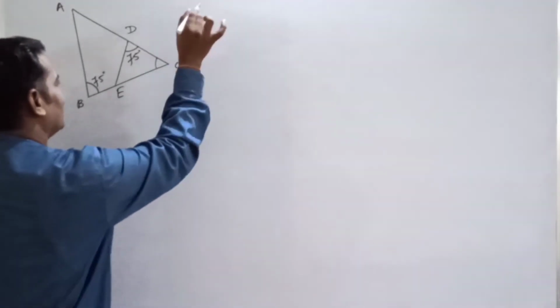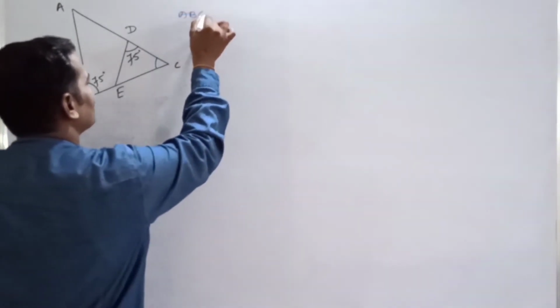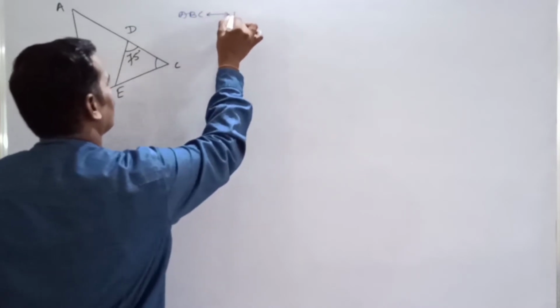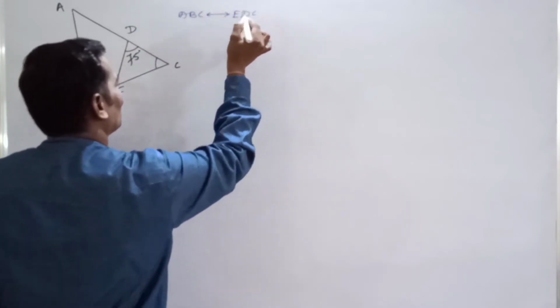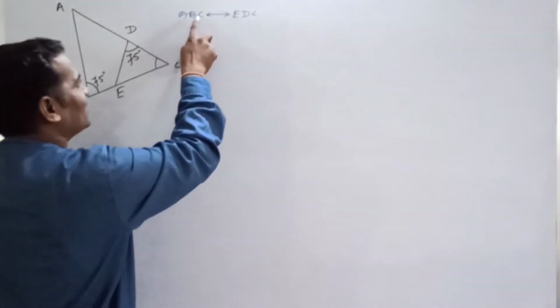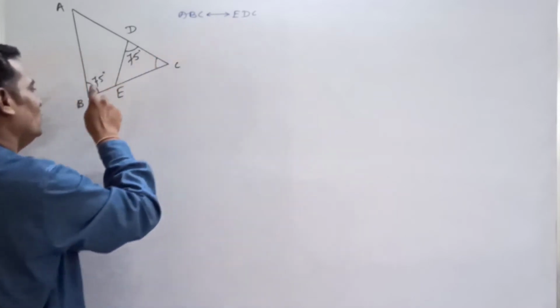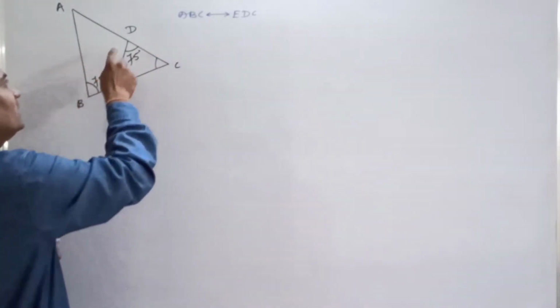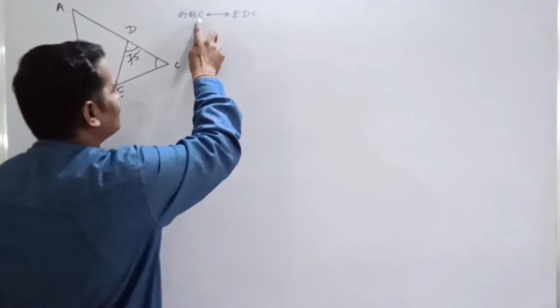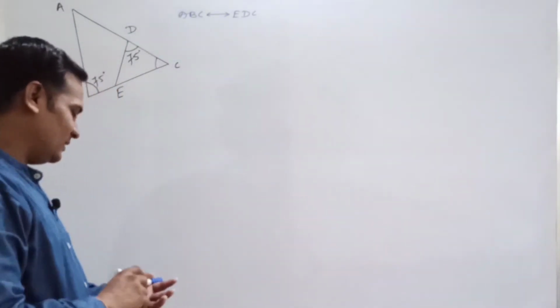So the correspondence should be this way, ABC corresponding to EDC. Now in this correspondence, A corresponds with E, B corresponds with D. Here is 75 degrees, this is again 75 degrees, and C corresponds with C. So let's take those two triangles.